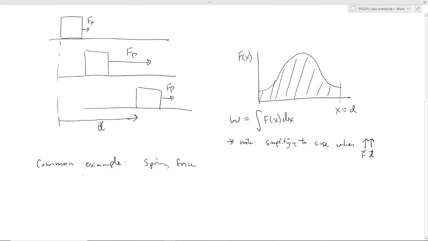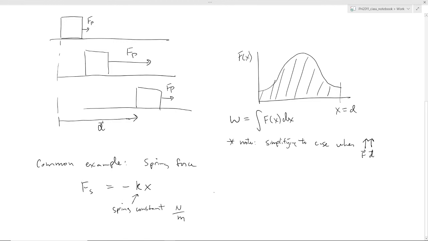If you remember, the force due to a spring is given by negative kx, where this k is called the spring constant. And recall, it had units of newtons per meter. And this negative sign indicates that it pulls against you.